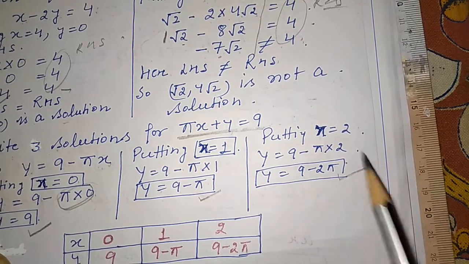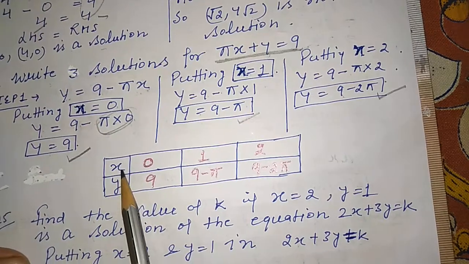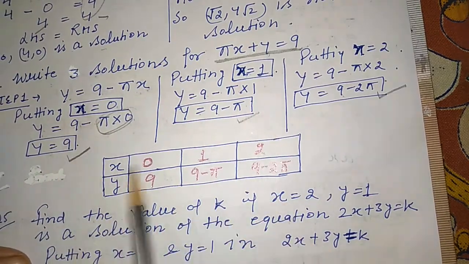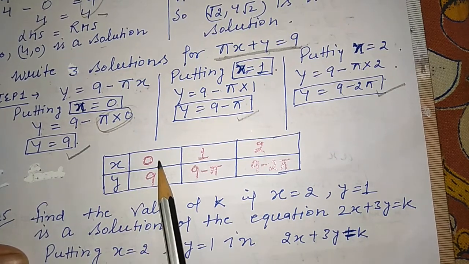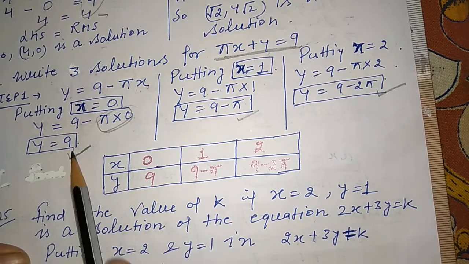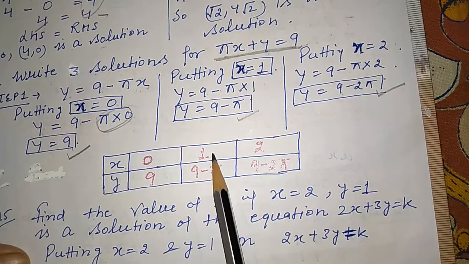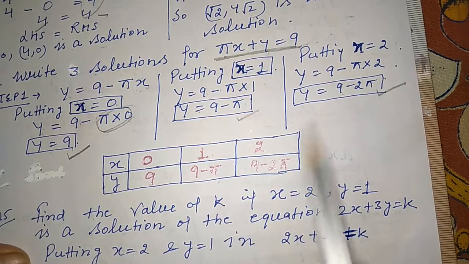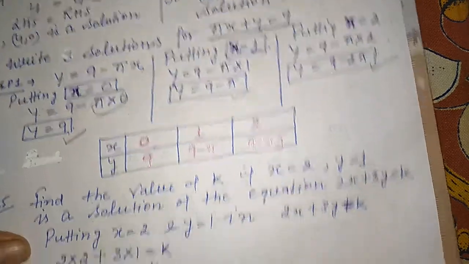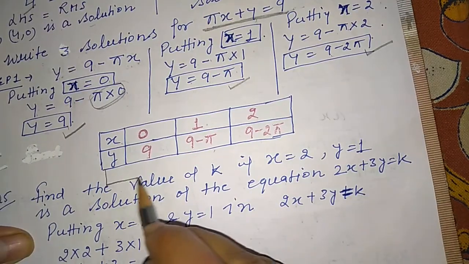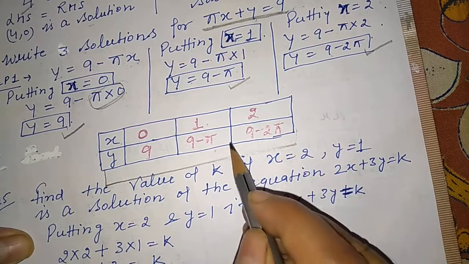So we will put this solution in a table, in tabular form. x is 0, then y is 9. x is 1, y is 9 minus pi. x is 2 and y is 9 minus 2 pi. So what ordered pairs are we getting here?